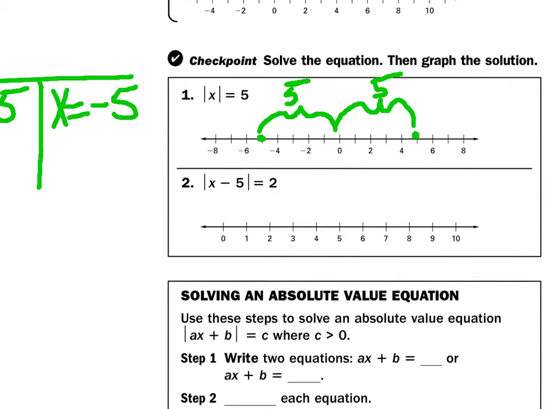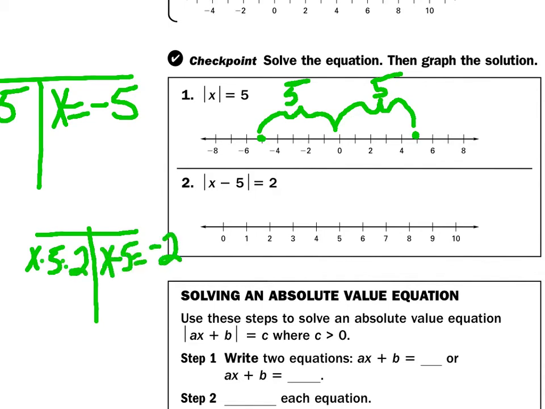Next one, when I drop the absolute value, I put them in my T-chart. x minus 5 equals 2, or x minus 5 equals negative 2. Add 5. So x equals 7, or add 5 again, x equals 3.